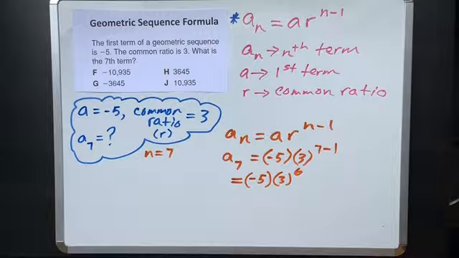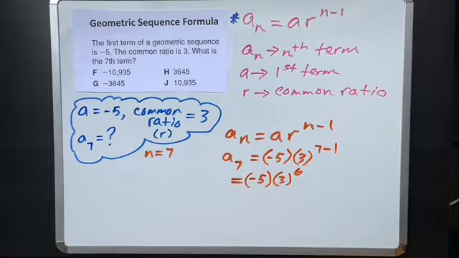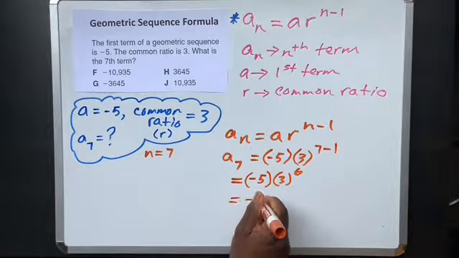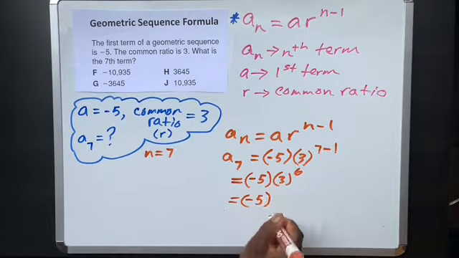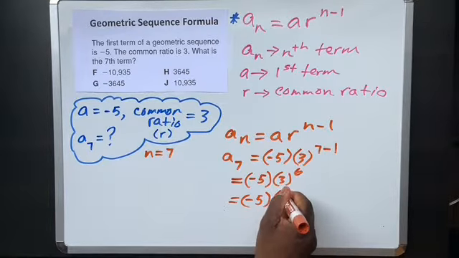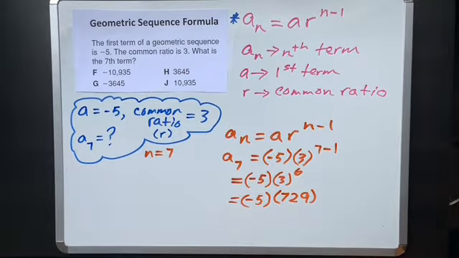Now we have an exponent and then multiplication, so we do the exponent again first. That's equal to -5, not changing that, and then 3 to the 6th power is 729.